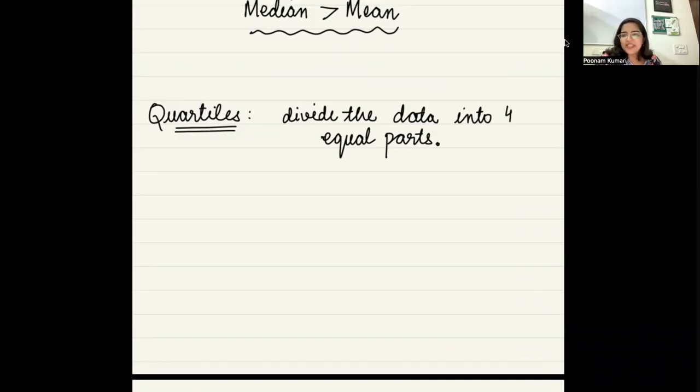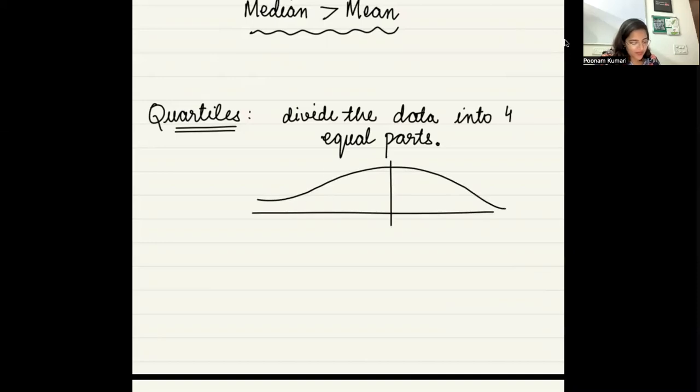So you need 3 points, right? Let's say your data is like this. One would be the median, and then one would be half of this, and then one would be half of the other half. So you basically need 3 points. The first is called the first quartile, then this is the median, and then this is the third quartile.